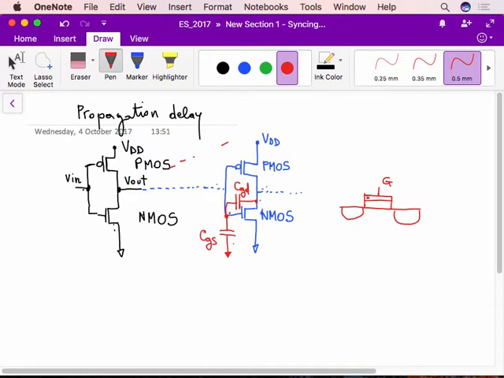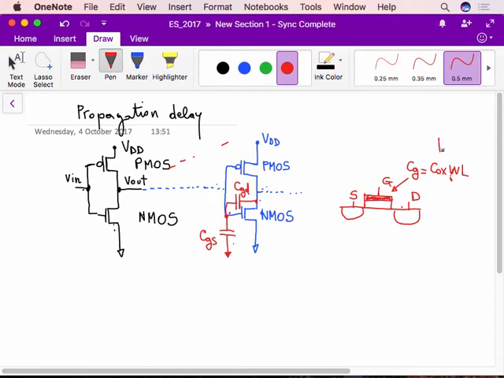Here you have the gate, here you have the source, and here you have the drain. And of course, between the gate and the channel, there is a capacitor, which is typically called CG, and is equal to the oxide capacitance per unit area times W times L, the area of the gate.